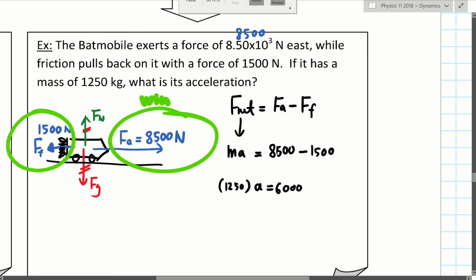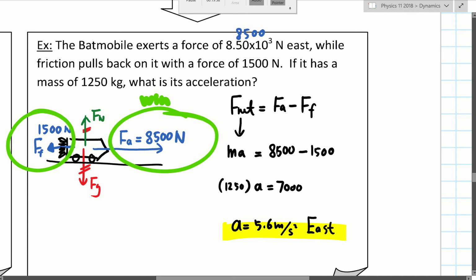Oh, sorry, this is actually 7,000. Now divide both sides by 1.25. Acceleration is 5.6 meters per second squared. And direction: which way does it point? East, whoever wins. All right, and that's the final answer.